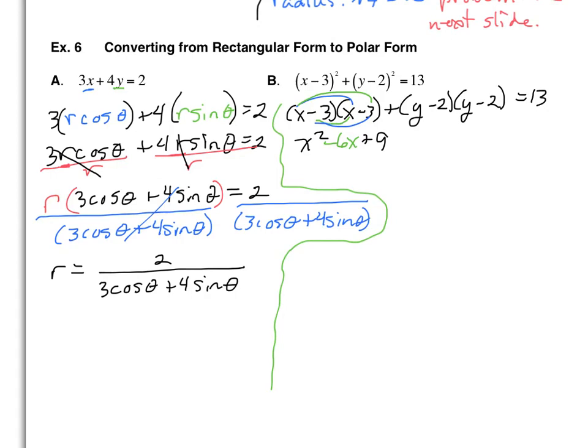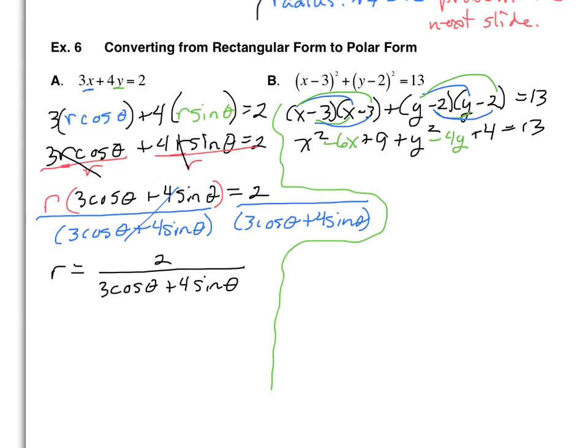And on the next one, I've got y times y, which is your plus y squared. And then I have a y times negative 2, which is negative 2y, and a negative 2 times y, which is another negative 2y. Added together gives you a negative 4y. And then finally, negative 2 times negative 2 gives you positive 4, equals 13.